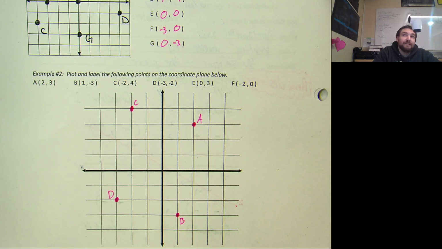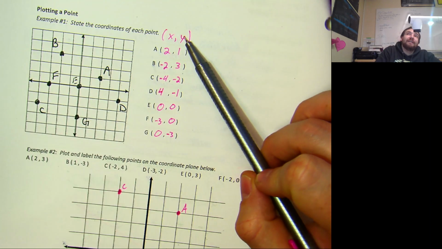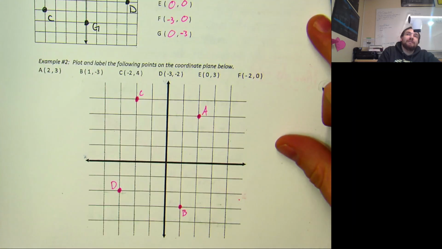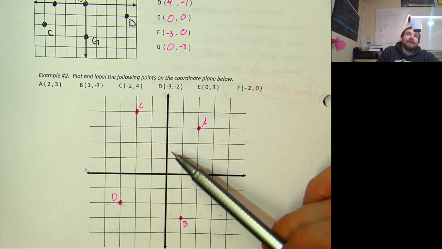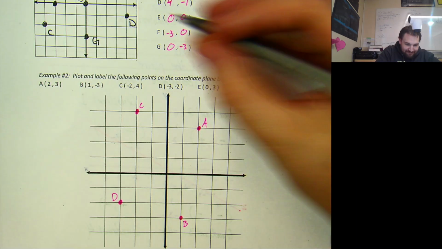Ooh, is she right? Remember, they always go X then Y. So where's E going to be? Yeah. There you go.